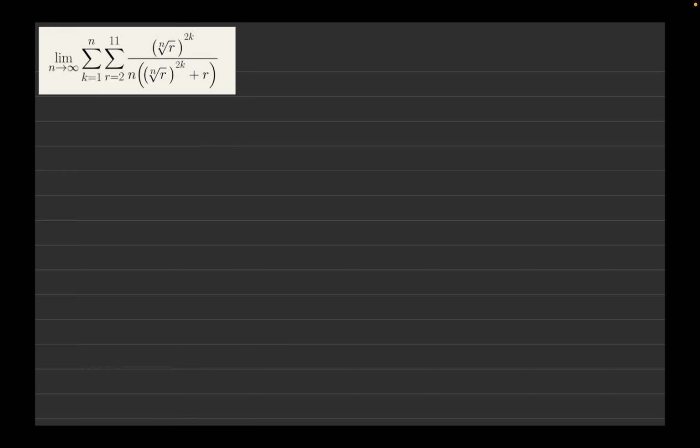Okay, to solve this problem, I'm going to use this famous theorem from one variable calculus in the topic of integration, the relation between integration and calculating limits of sequences.